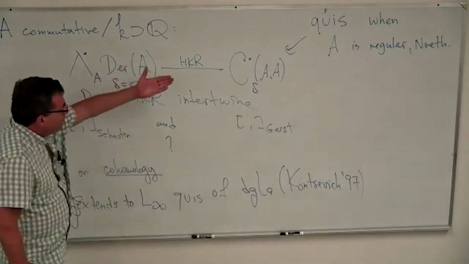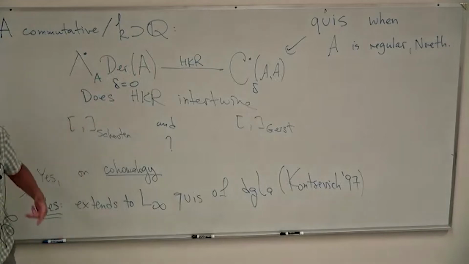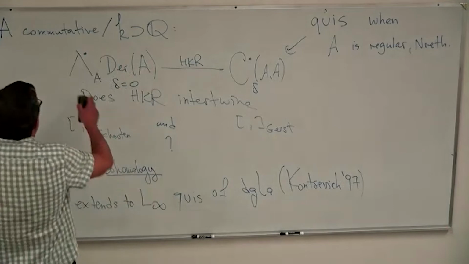So the DGLA of Hochschild cochains of a regular algebraic variety in characteristic 0 is formal. Okay.